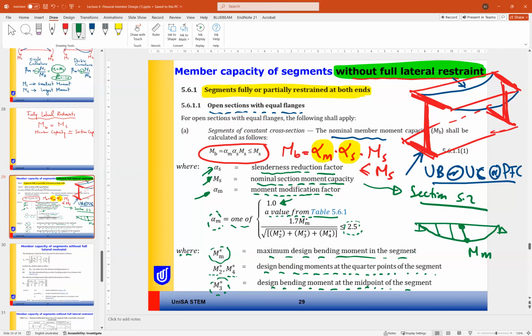Let's leave this for the example, but the formula is alpha M equal to 1.7 M*m divided by the root of M*2 squared plus M*3 squared plus M*4 squared.